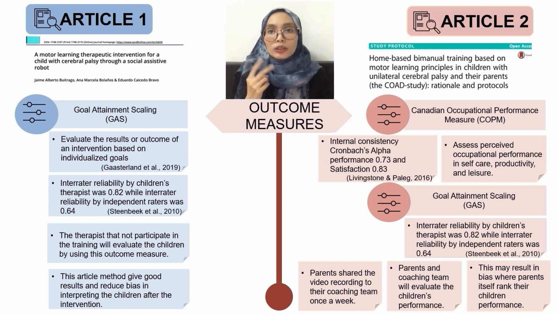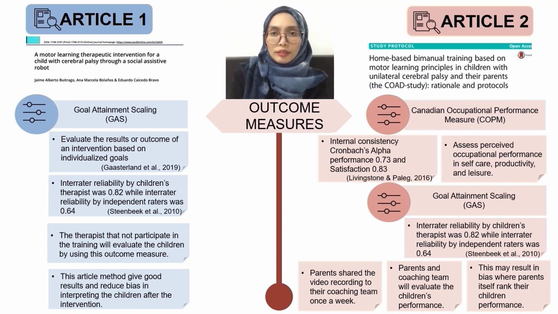Article 2 had two outcome measures, which are Canadian Occupational Performance Measure and Goal Attainment Scaling. Canadian Occupational Performance Measure is used to assess perceived occupational performance in self-care, productivity and leisure, and it has internal consistency of Cronbach's alpha for performance 0.73 and satisfaction 0.83.